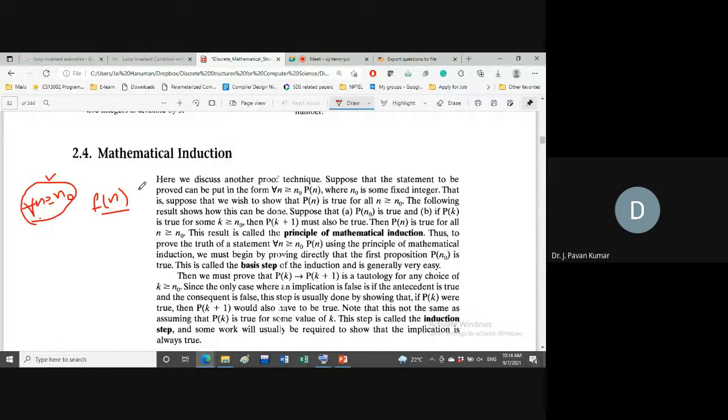Yes or no? Yes. Yeah. But why do we have to consider n is equal to 1? That is not standard. n is equal to 1 is not standard. That you keep in mind. We can take any n naught. It can be that f of n is true starting from 5, starting from 10, or starting from n naught. So for that particular n naught, we will first check whether f of n naught is true or not.